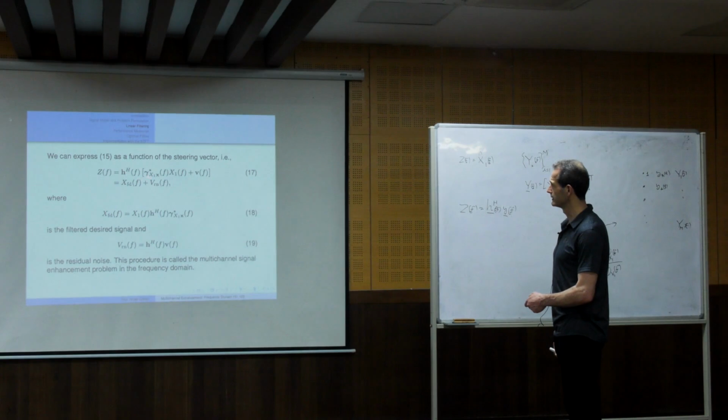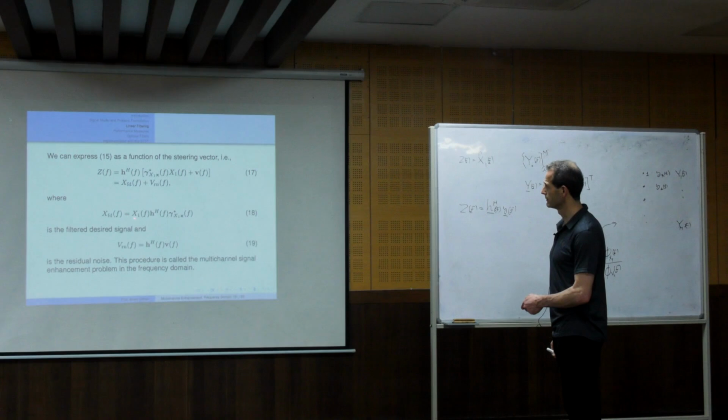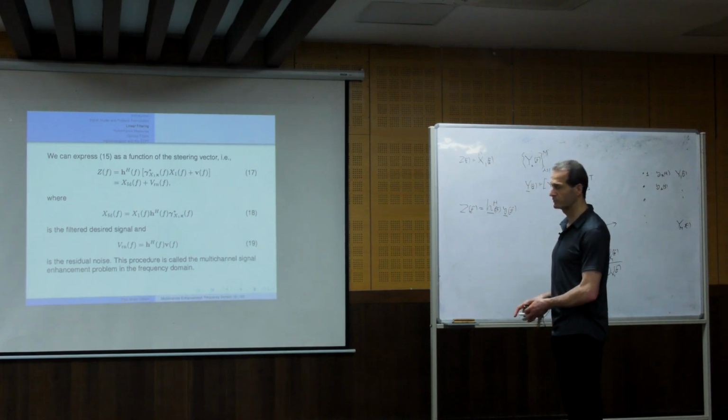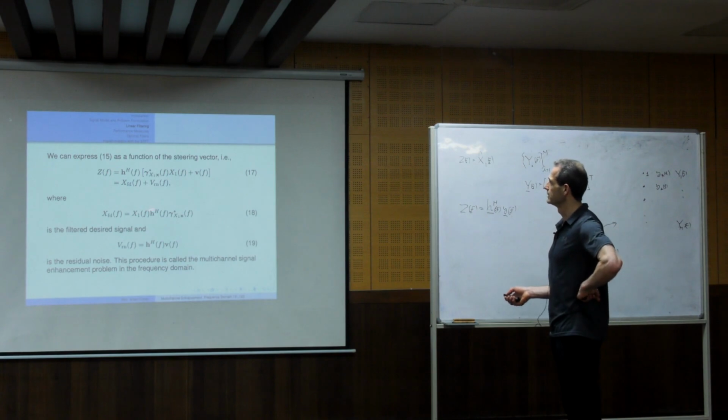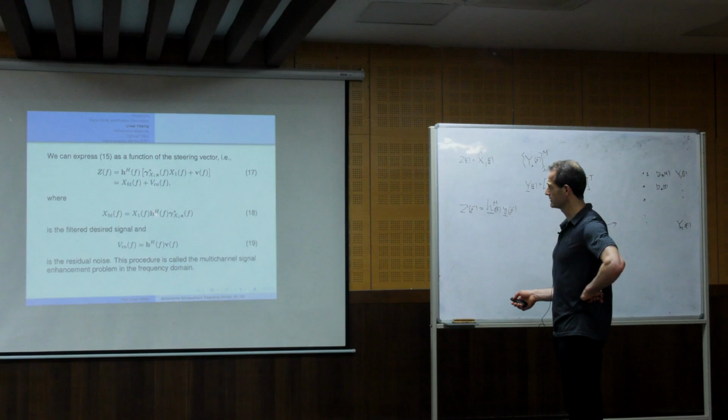The filter desired is x1 f multiplied with h conjugate transpose steering vector or coherence function between x and x1, complex conjugate. Why did I move x1 to here? Because it's a scalar. Okay, so I can move a scalar to anywhere I want. So this is the scalar x1, and this is the row vector multiplied with a column vector. So this is also a scalar. Okay, and all this is scalar, but this is a vector and this is a vector.